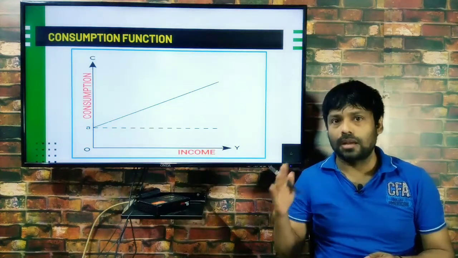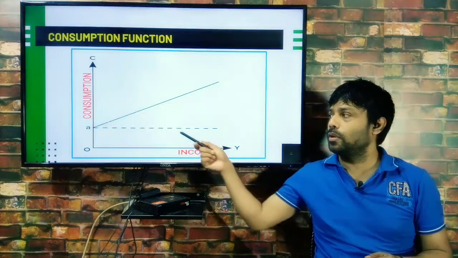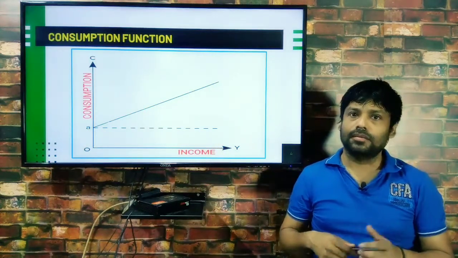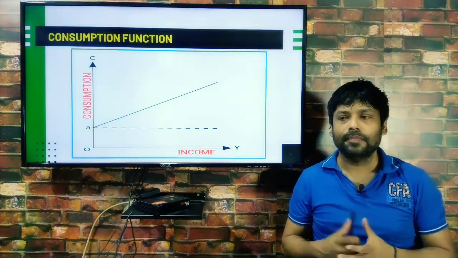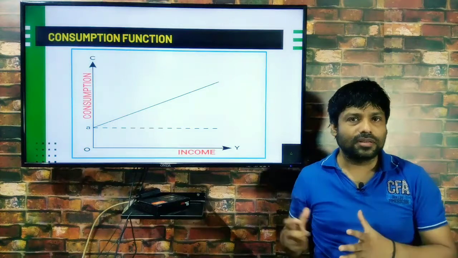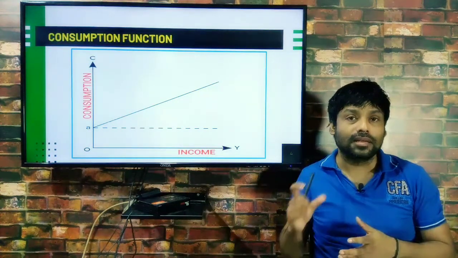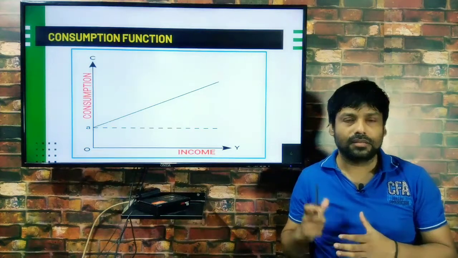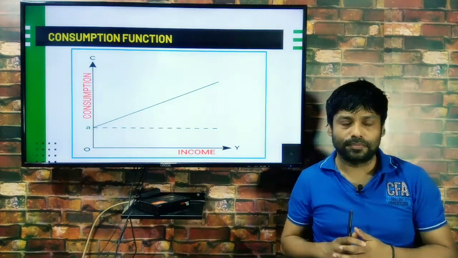But the line going upward, this line starts from the point A, and that is induced consumption. What is induced consumption? Induced consumption is that consumption which is induced by the income. That means the income level determines the induced consumption.